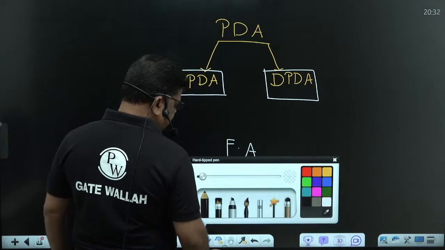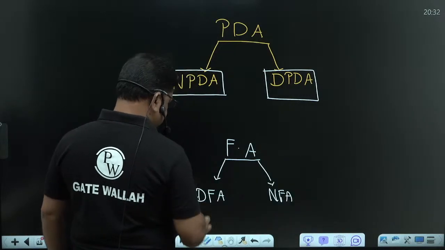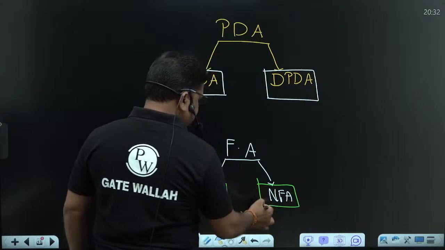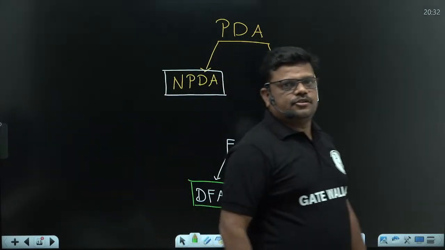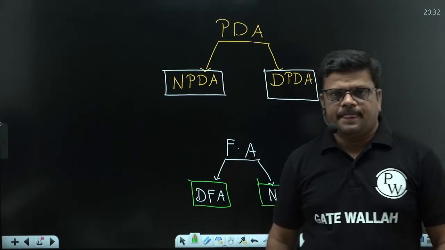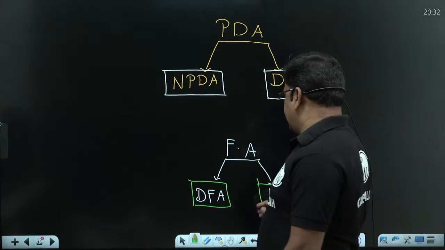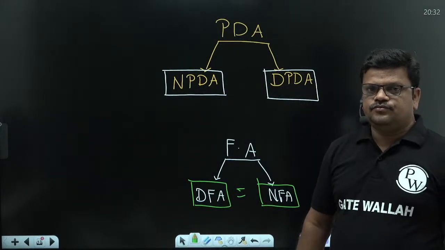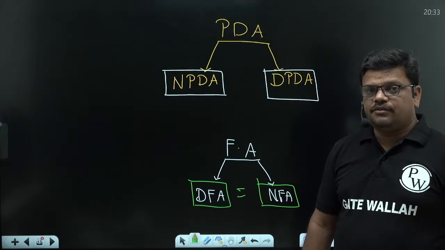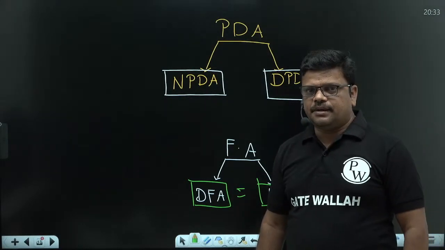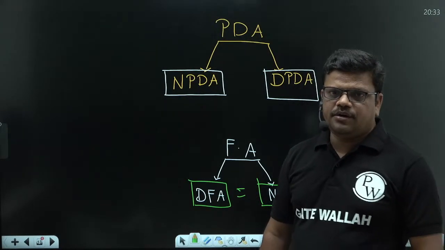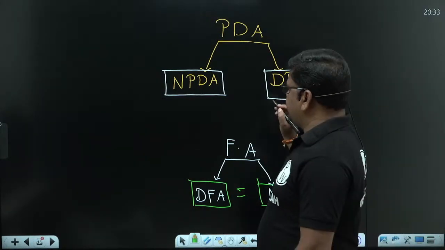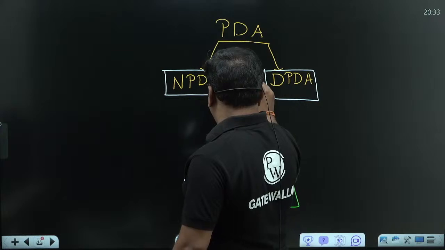But there is a lot of difference here. The difference is the concept of expressive power. The expressive power of DFA and NFA is the same. The number of languages accepted by deterministic finite automata and non-deterministic finite automata is the same. But that is not the case here. Here the expressive power of NPDA is more.